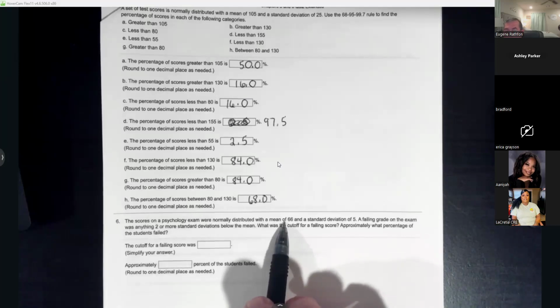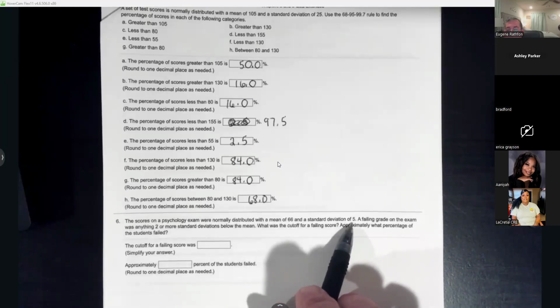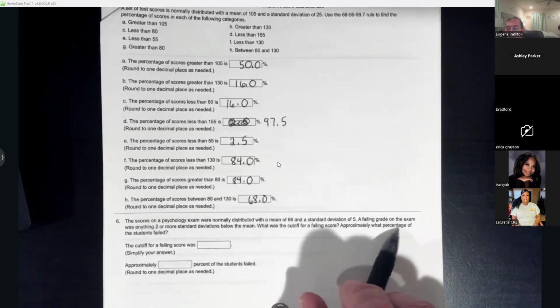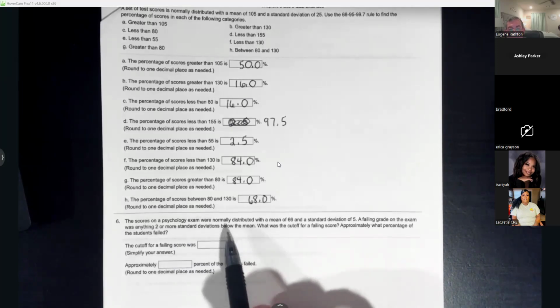All right, y'all. So let me read this one good before I. The scores on a psychology exam are normally distributed with a mean of 66, standard deviation of 5. A failing grade on the exam was anything 2 or more standard deviations below the mean.